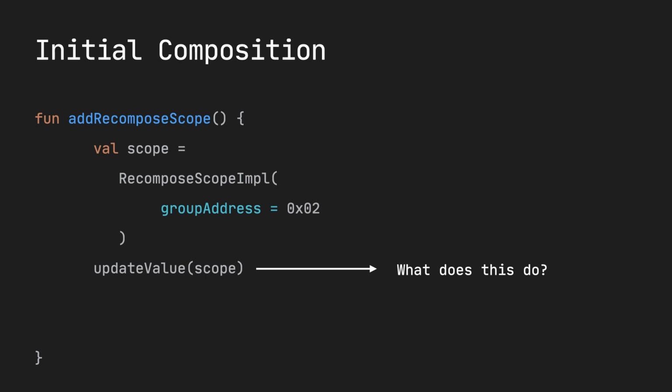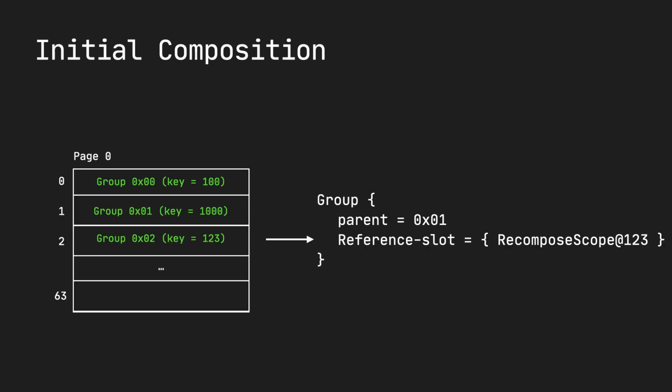So the way it updates the slot table is it calls this method called update value with the scope. And what that's going to do internally is start to add a recomposition scope instance in the reference slot, just like this.